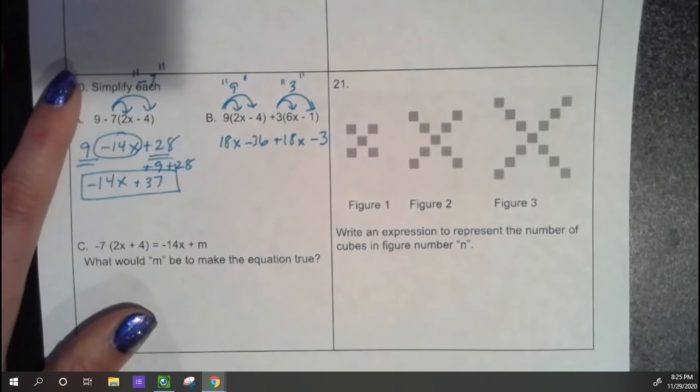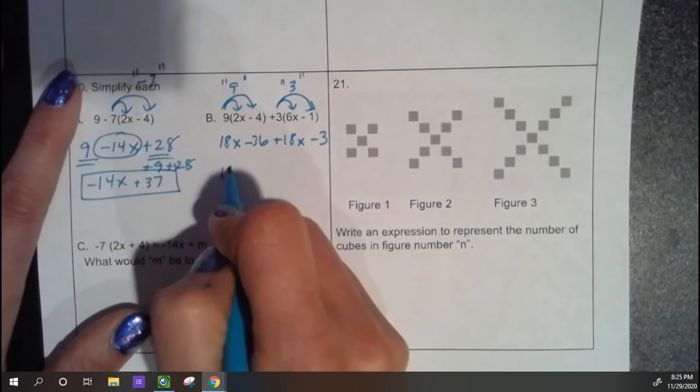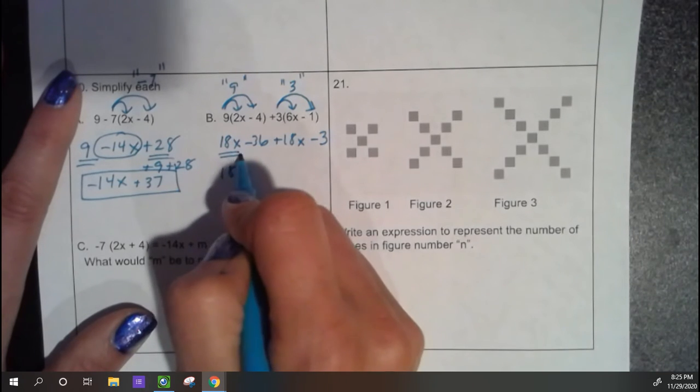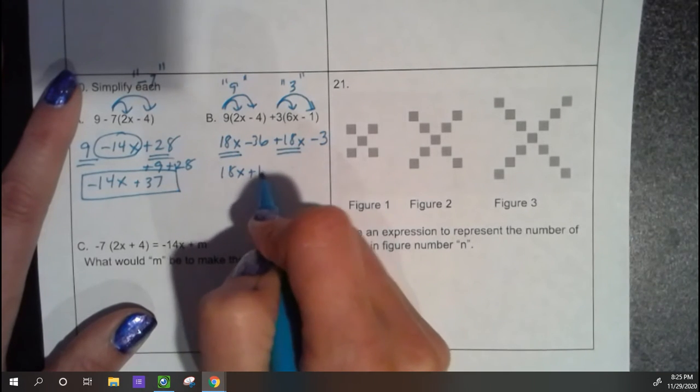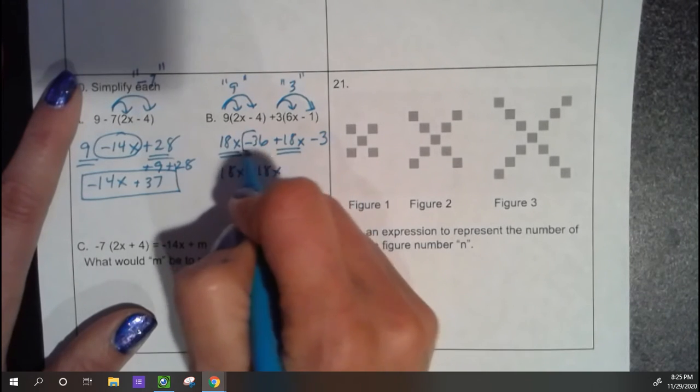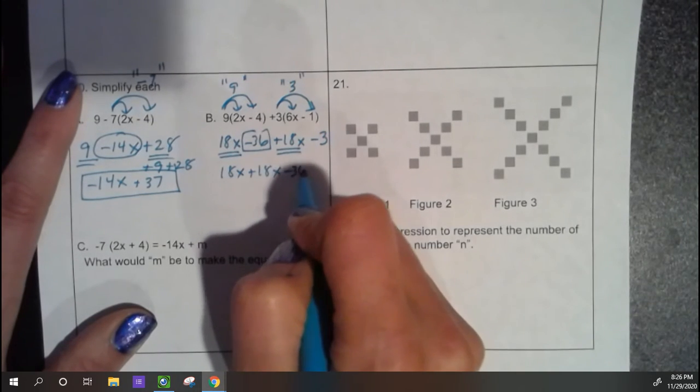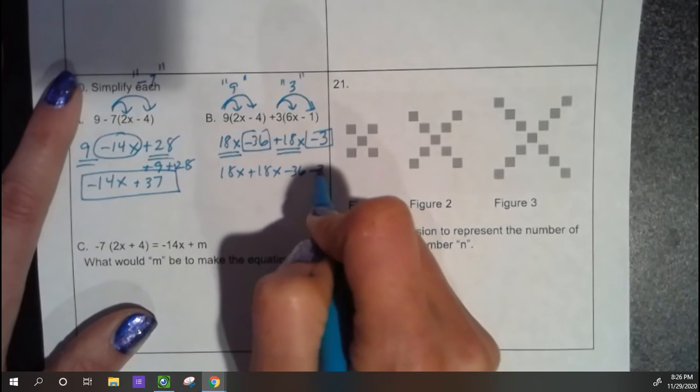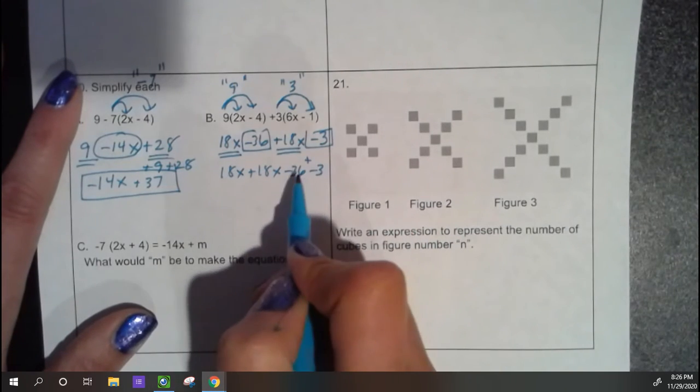Okay. And now I'm going to group together the things that look the same. The 18 and another 18x. And then I guess I could group together the negative 36 and the negative 3. I am adding those two together.